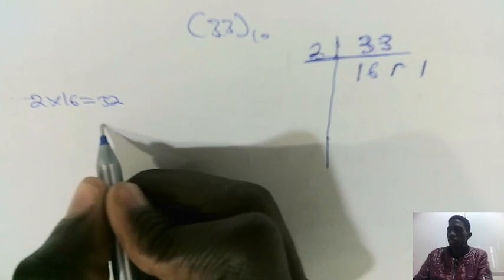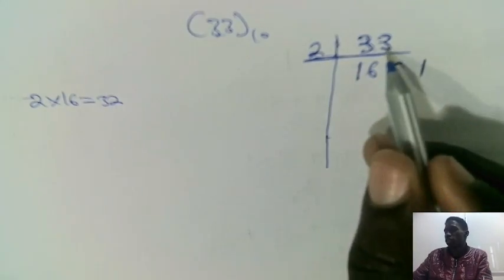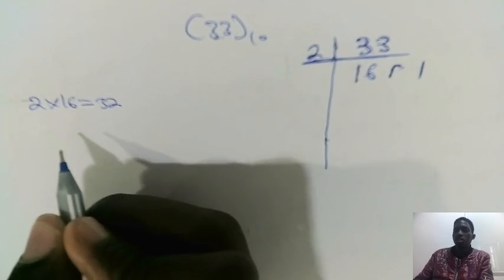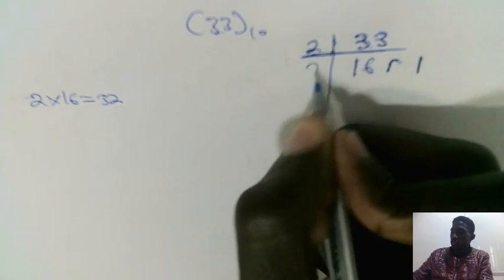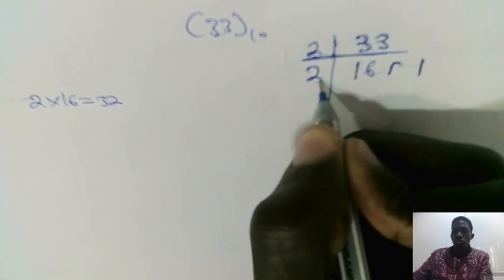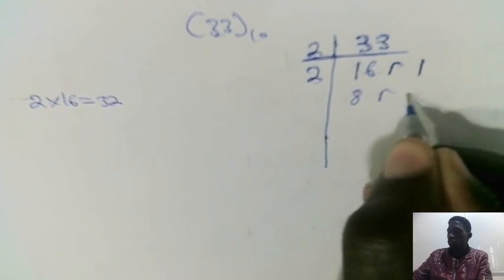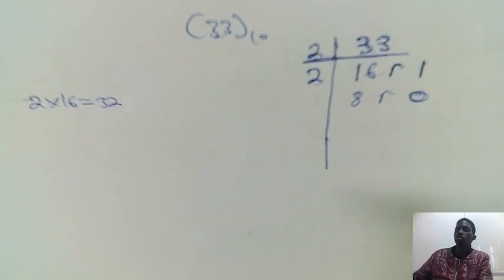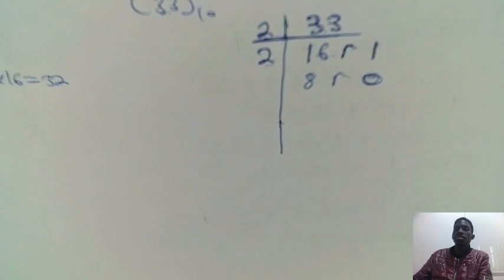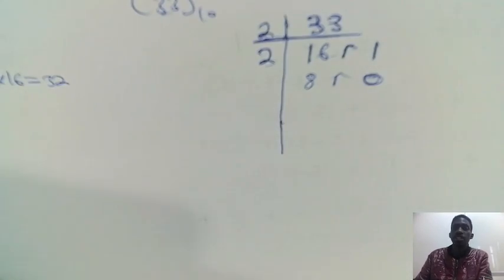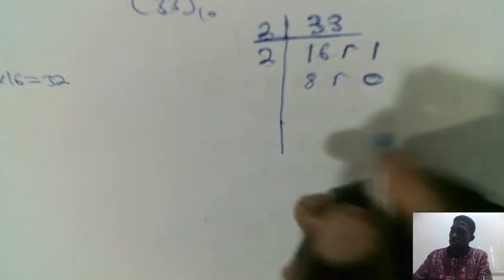You have a remainder of 1. When you divide 16 by 2, you have 8 and no remainder, because 16 can be perfectly divided by 2.